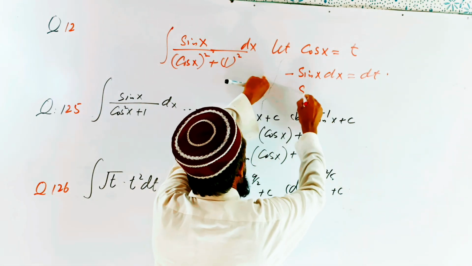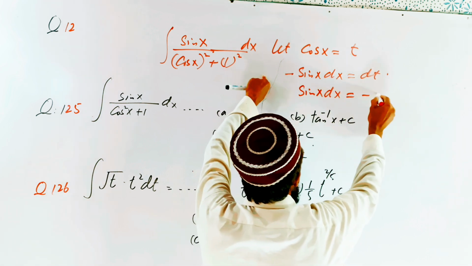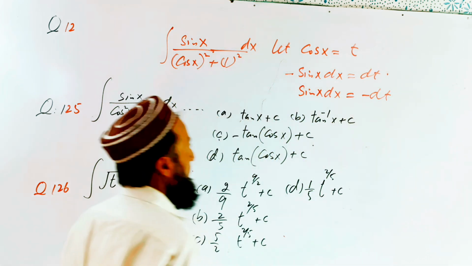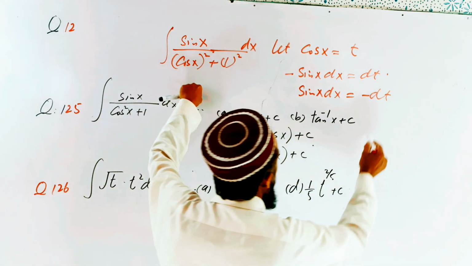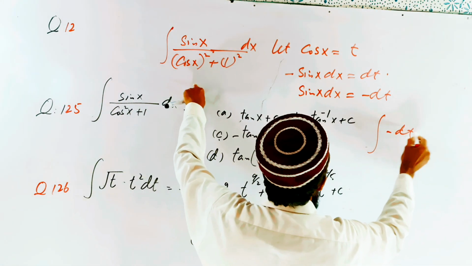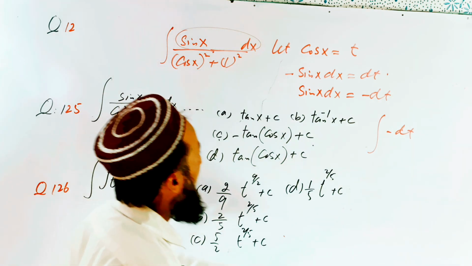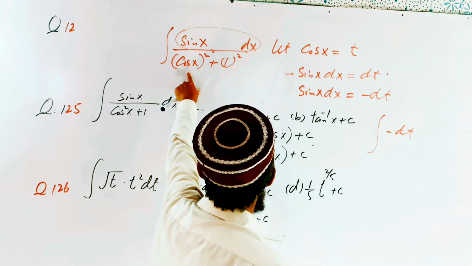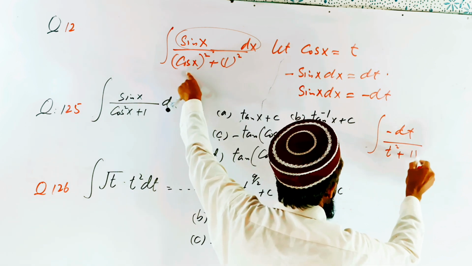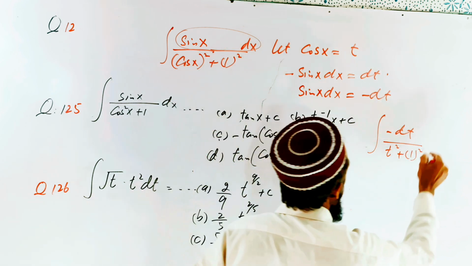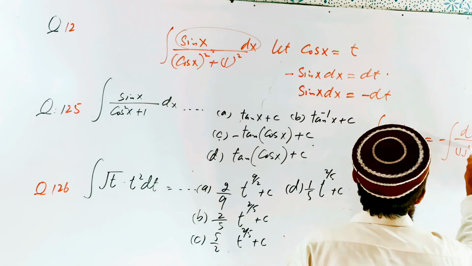Multiplying or dividing both sides by minus 1, we get minus dt. Now replacing in the question, we get minus dt over t square plus 1 square. So we get the formula minus dt over 1 square plus t square.